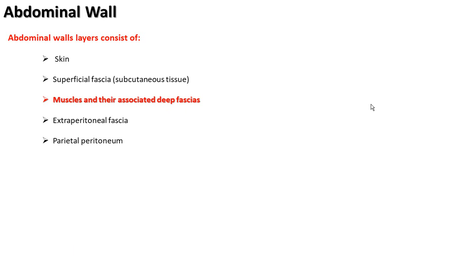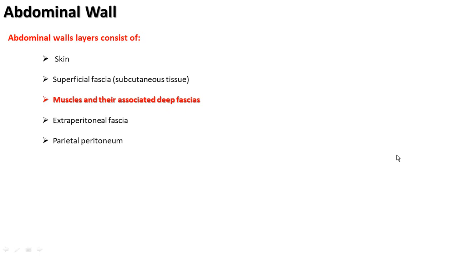Until now, in this session, we described the anterior abdominal wall landmarks and abdominal wall layers such as skin and superficial fascia. Other layers of the anterior abdominal wall are muscles and fascia.